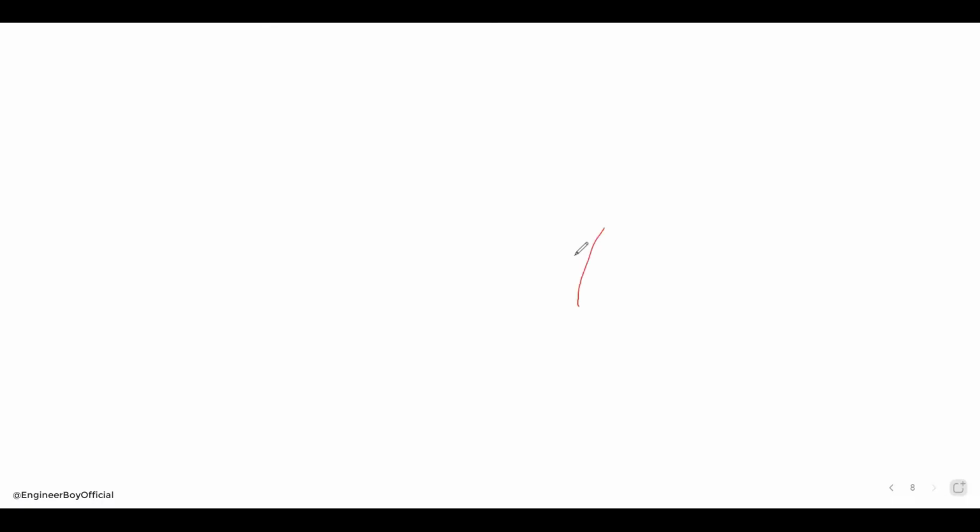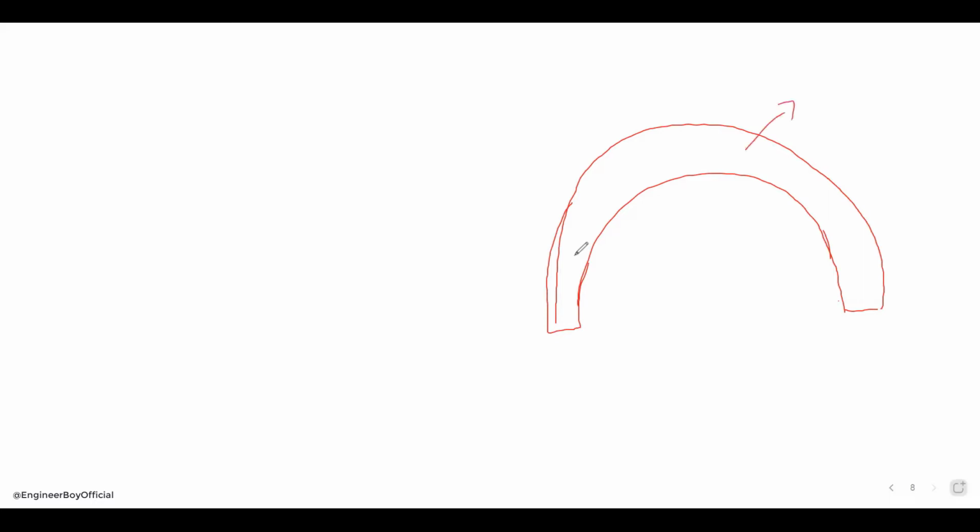Let's say we have a dome like this. I think this example is very good to understand this better. We are informed that the thickness of the dome, T, is 6 inches. You can have the same example in the MKS system, the metric system, but this time I'm taking inches, no problem.